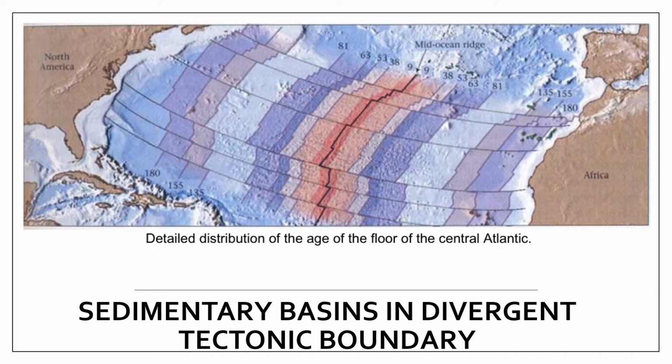Of course, in order to have a basin, the first thing you need is a large area undergoing subsidence, and divergent boundaries are one of your areas that is conducive for sedimentary basins to form because you are having seafloor spreading, which involves large scale subsidence of your oceanic floor.